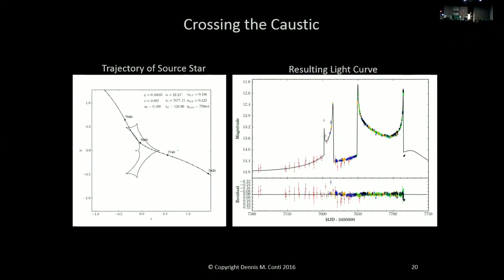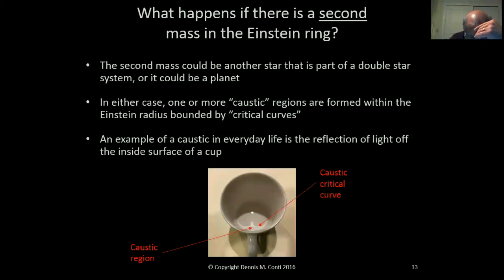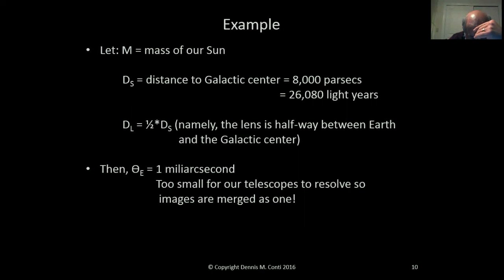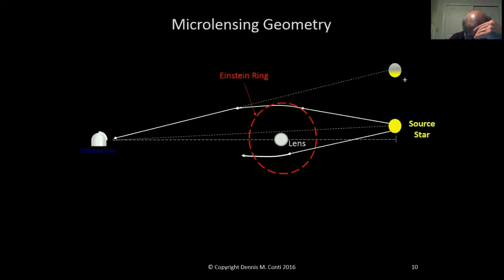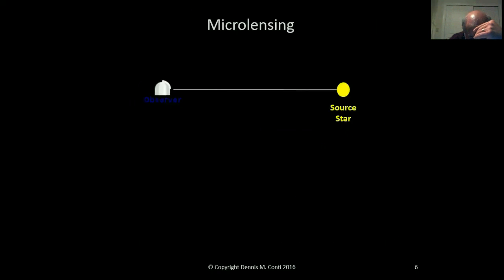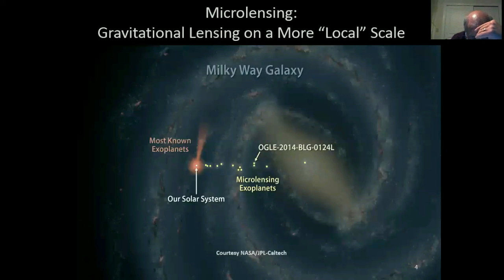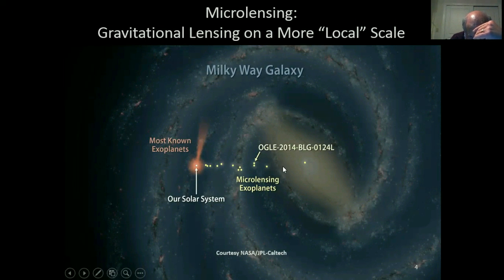Mary Lou, do you have a question? The question for Mary Lou is, how many planets have been discovered with this method? Let's just go back to one of the charts here. Yep, there we go. OGLE has, I think, about a dozen or so.